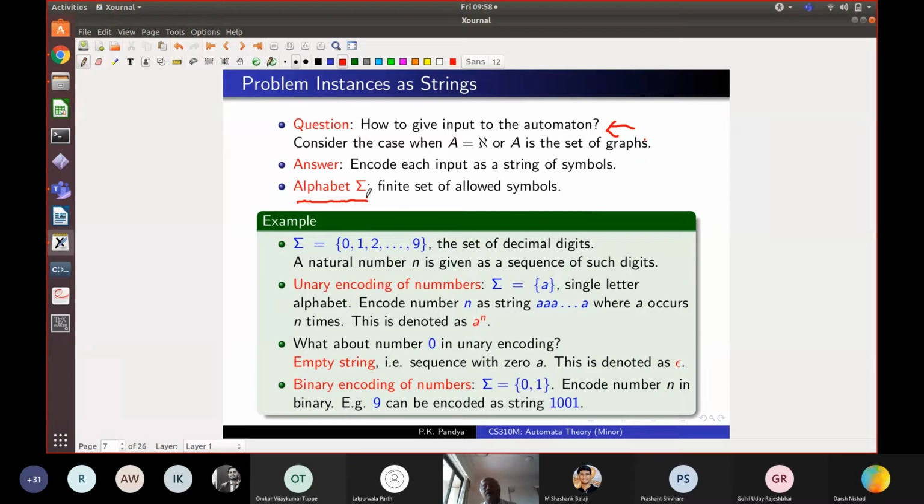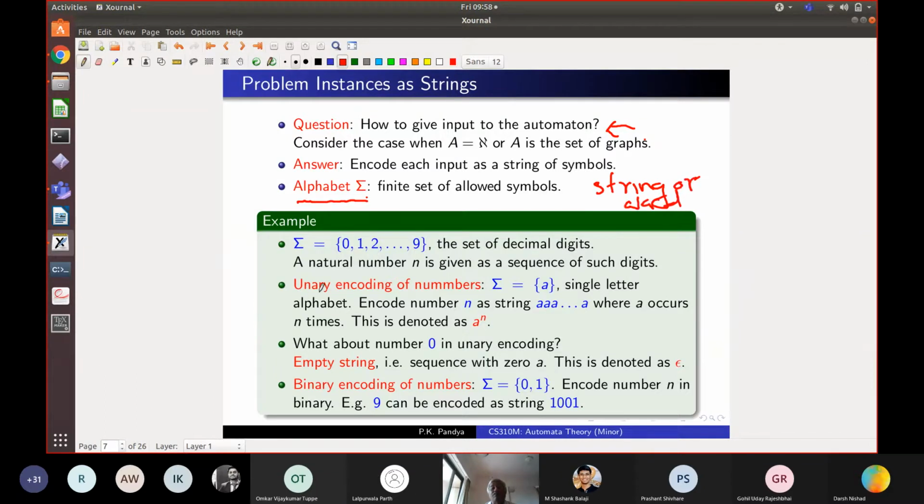And given that alphabet, we can store this sequence in a file and give that file to the computer to solve. So we want to serialize our input. It's the notion of how to formulate the problem instance or the input to the problem as a sequence or a string, clear to you? Such a sequence is called a string or a word. These are the words we are going to use.